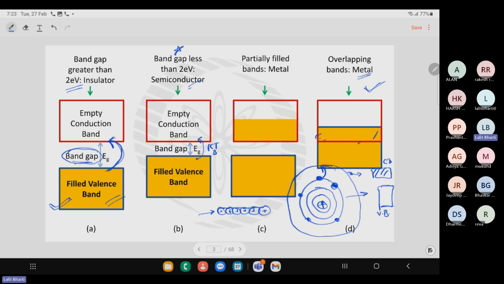This is called semiconductor behavior, which is very important from the solar cells perspective. So we will go through it.